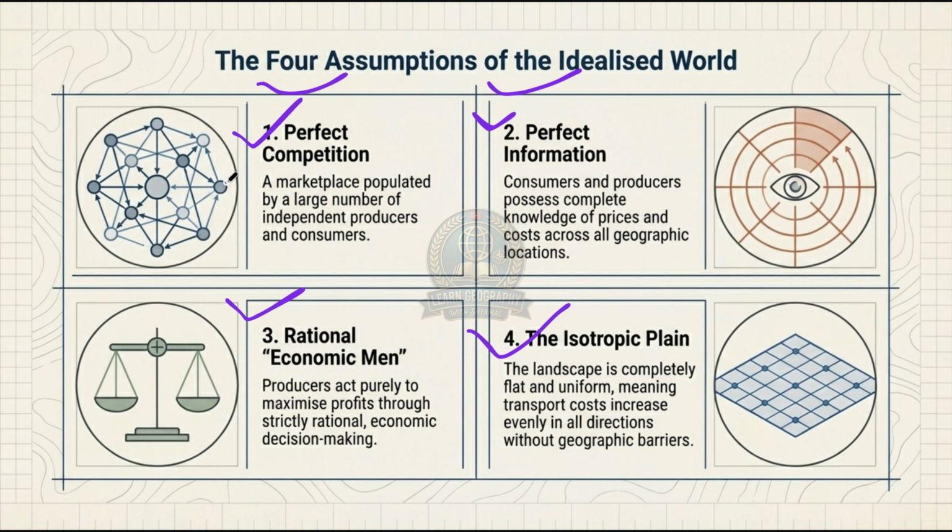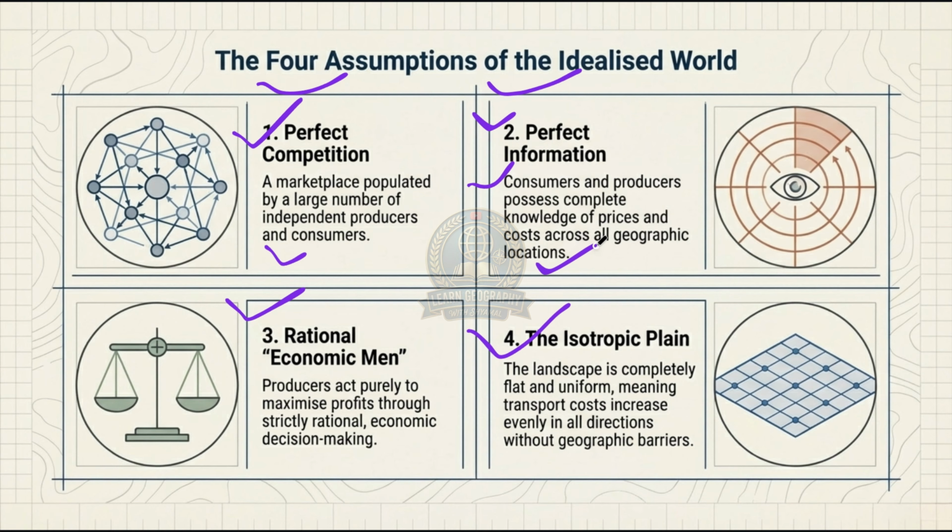Perfect competition means a marketplace populated by a large number of independent producers and consumers. Then perfect information: consumers and producers possess complete knowledge of prices and costs across all geographic locations.